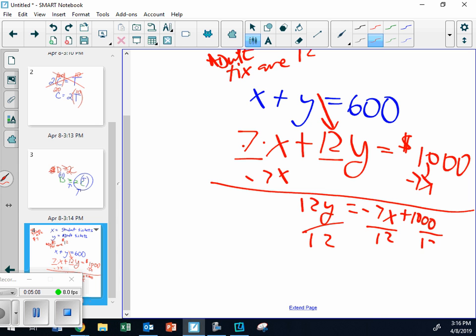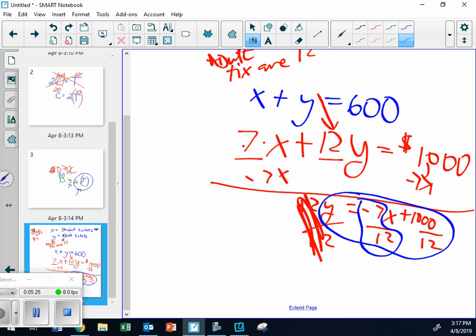I do it in all three parts. Then, here's my answer, and I can graph that. And that's obviously not a very nice equation, but you could graph that if you had to. And the slope would be a really important part of it, and that's right here. And this would be the y-intercept part.